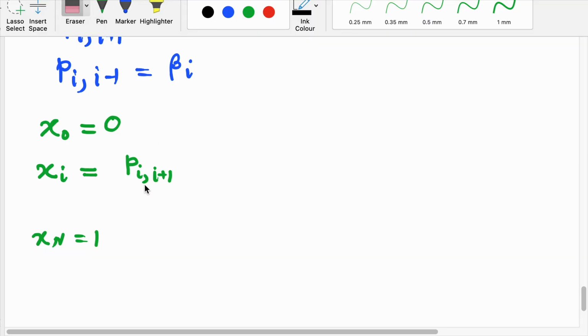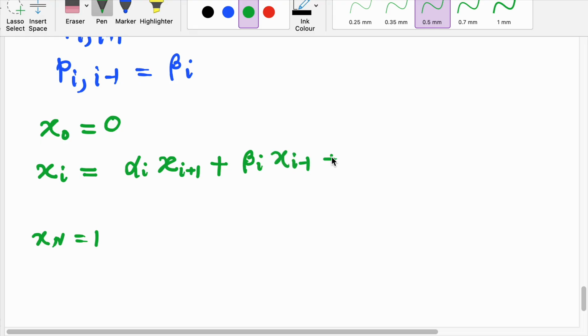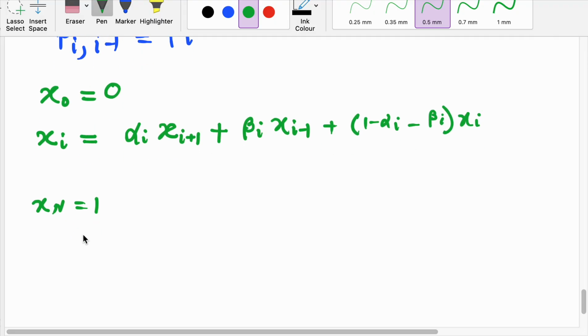That probability is nothing but alpha I, and since it goes from I to I plus 1, now it reaches I plus 1. Now what is the probability from there to achieve all A state? That is xi plus 1. Now from beta I it goes to I minus 1, and again plus 1 minus alpha I minus beta I times xi. So this would be the case.